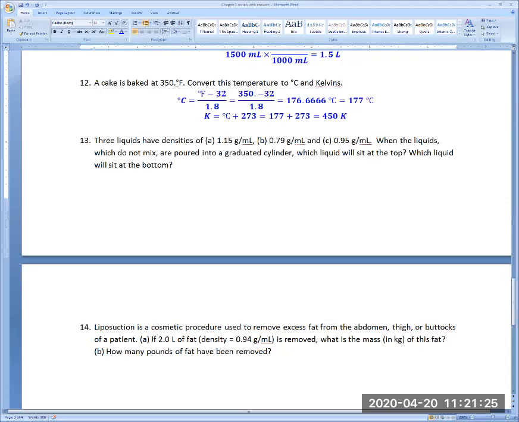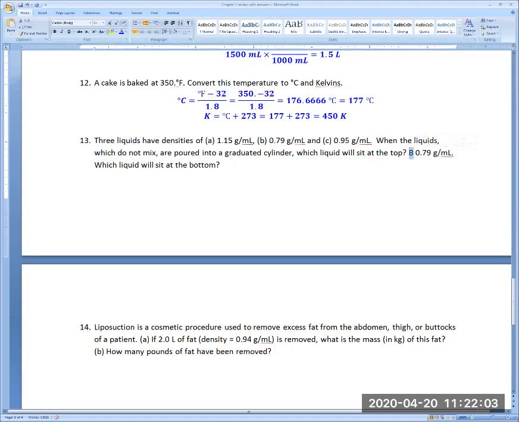Some more tries. Others? Okay, so yes, it's B. B is the one that will be sitting on top because it's 0.79 grams per milliliter, and that's the lightest density, right?